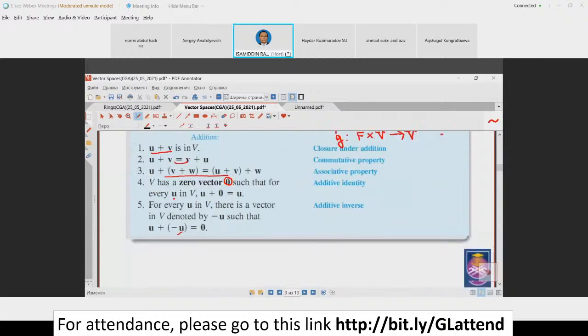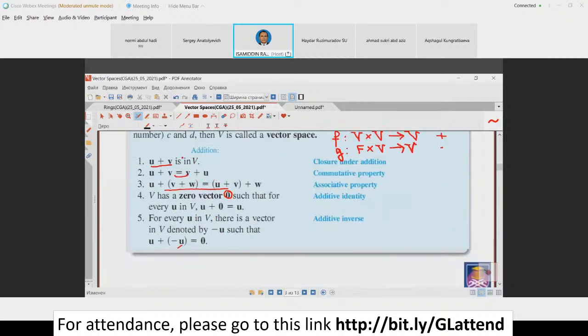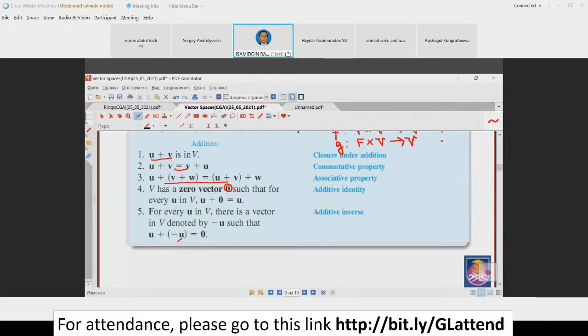So first axiom is called closure under addition. Second one is commutativity of the addition, associativity property of addition, existence of additive identity, and existence of additive inverse. 5 axioms.